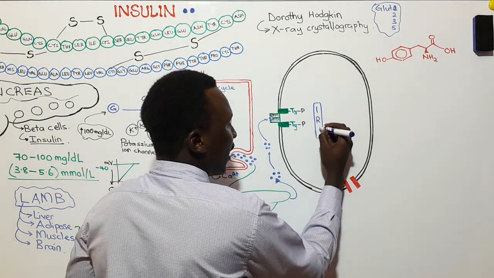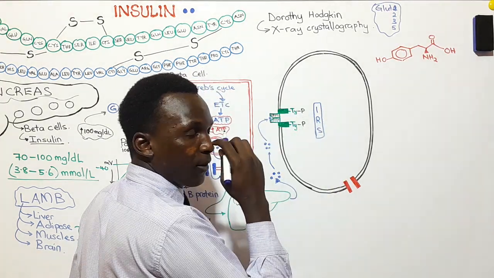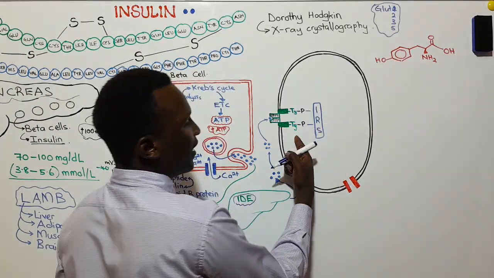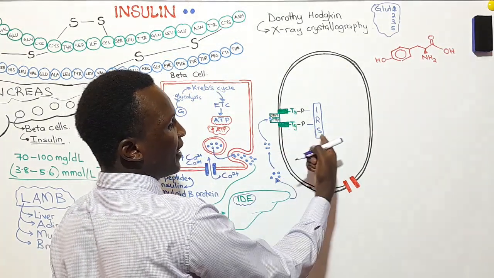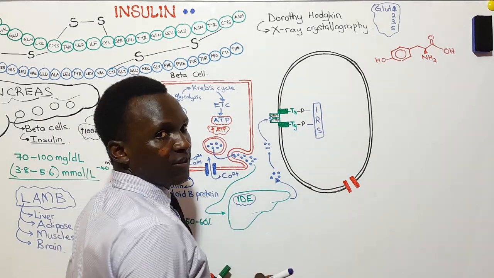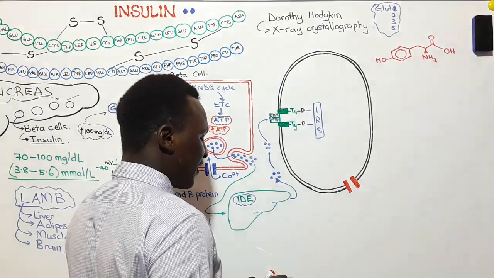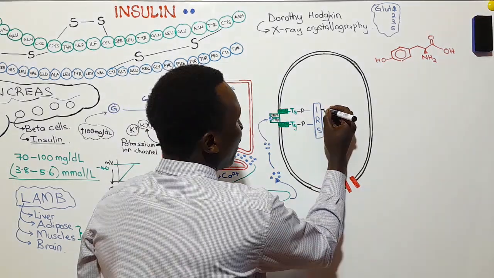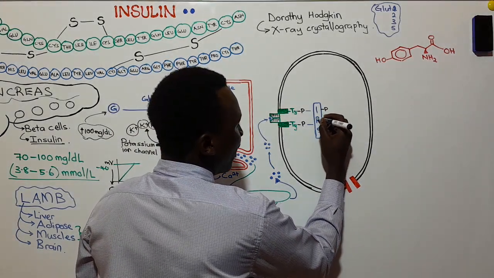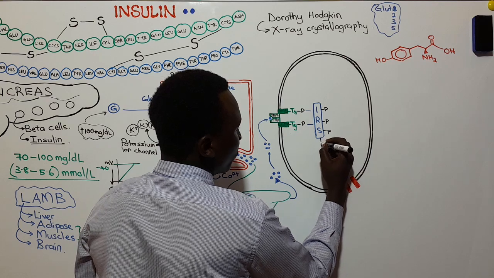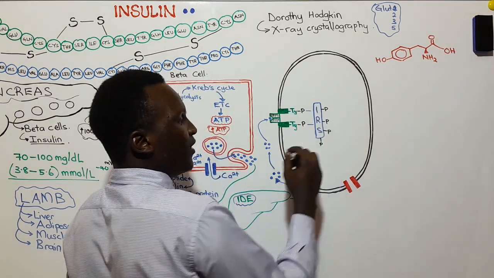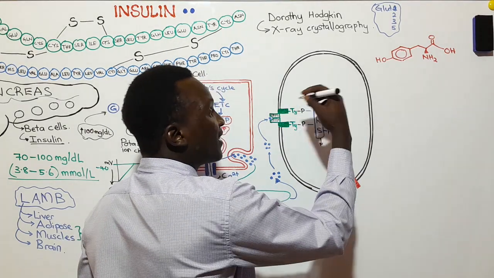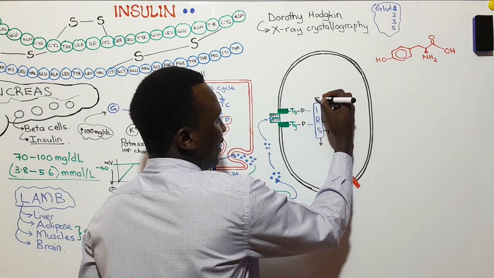So there will be interaction between the phosphorylated tyrosine residues and the insulin receptor substrates. With that, autophosphorylation still occurs, whereby you add phosphates on different sites of the insulin receptor substrate protein. If it is phosphorylated, it is activated to act as a docking site.